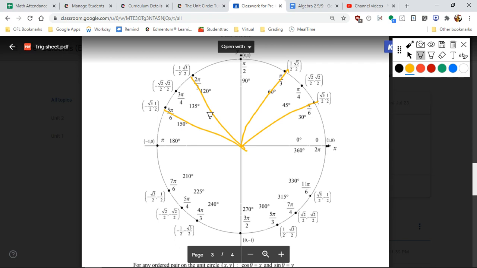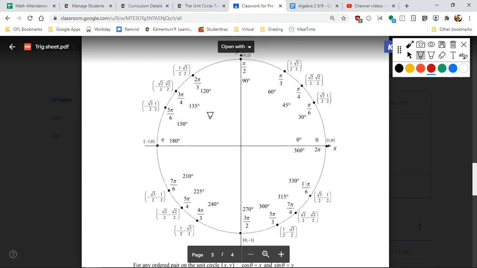Because 1/3 is 2/6. So 1/6, 2/6, 3/6, 4/6, 5/6, 6/6. The only thing is this gets reduced to 2/3. This gets reduced to 1/2. This gets reduced to 1/3.